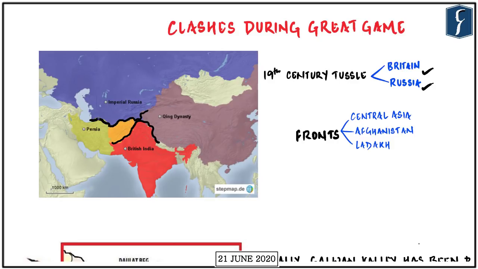A few of these flashpoints were in Central Asia, Afghanistan, and the third flashpoint was in the Ladakh region where British India tried everything to stop Imperial Russia from entering through Karakoram into British India. So according to the author, Galwan Valley has always been a bone of contention between two powers. Earlier it was between British India and Imperial Russia. Right now it is between India and China.